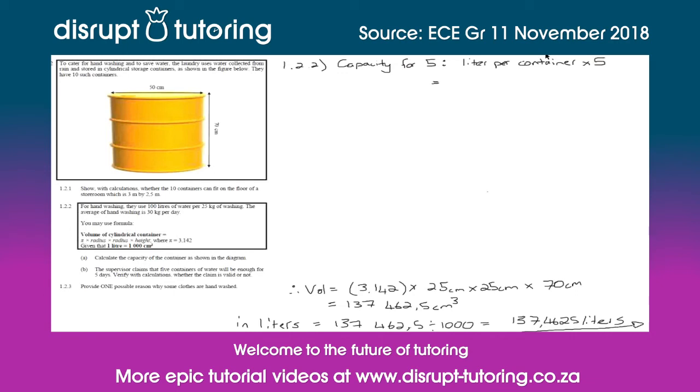So we know that this equals 137.4625 liters multiplied by 5, and this comes to a total of, you put it in your calculators, 687.3125 liters, and as I said, units is liters.